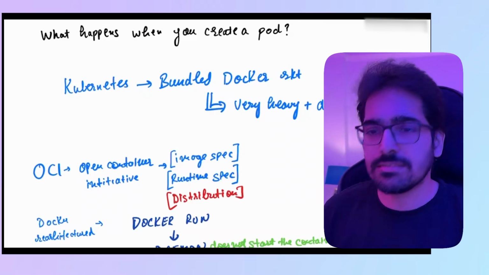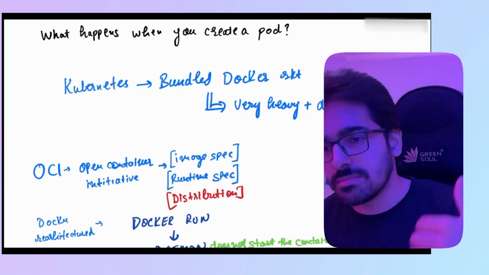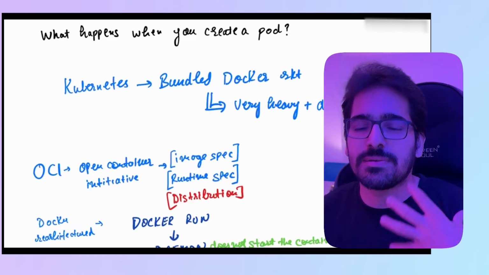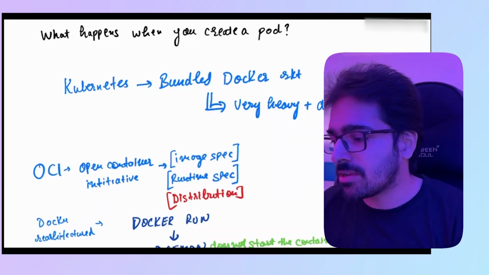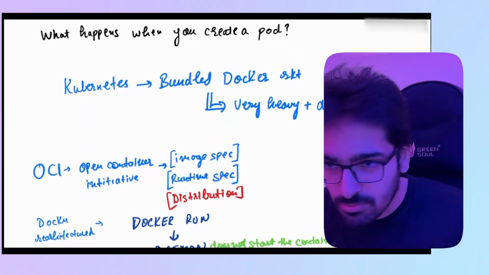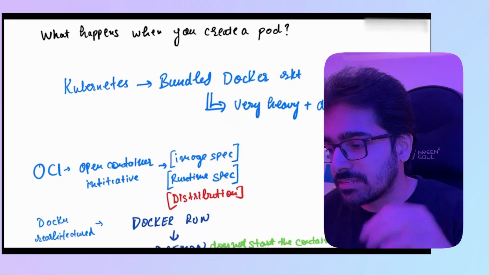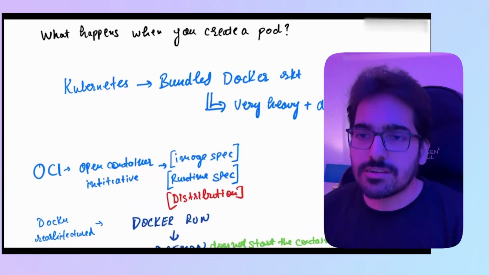Now, as things matured and adoption matured, there were other container runtimes with different specifications. Rocket came into the picture. Rocket is no more today, but when it came in, the bundling was very difficult.